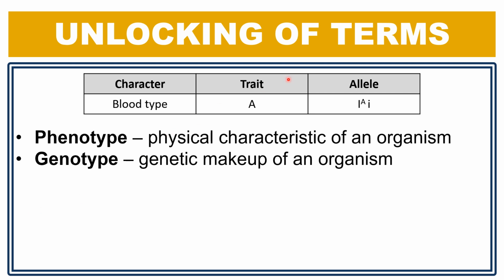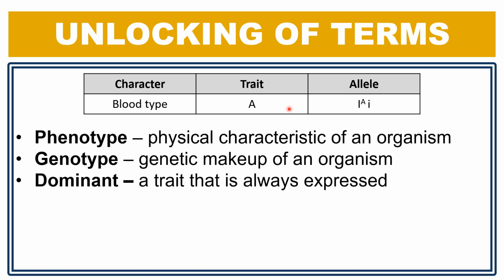In this example, the phenotype is blood type A, but the genotype or the genetic makeup is this one. It has an allele for blood type A and allele for blood type O, but what is seen is only blood type A. Why? Because blood type A is dominant.